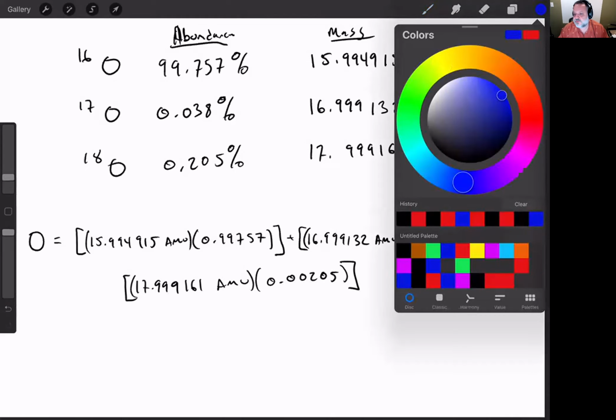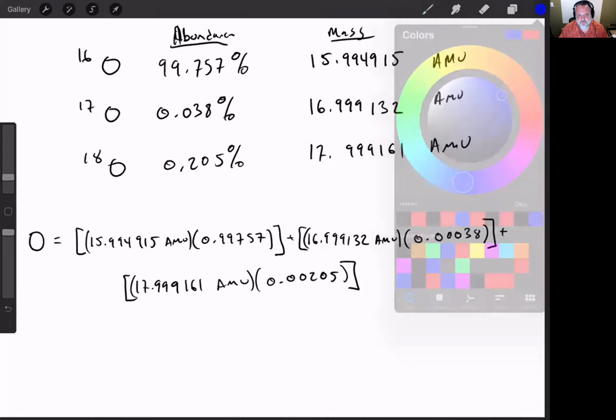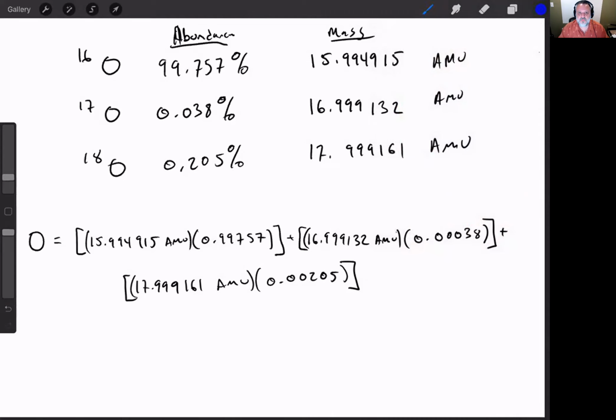Now let's have a quick conversation about sig figs in these problems, because I want you to be able to use the correct number of sig figs. I'm going to do two different answers. The first will be the correct number of sig figs based on the calculation. The second will be just rounded to 2 decimal places, because that's what you see on the periodic table.